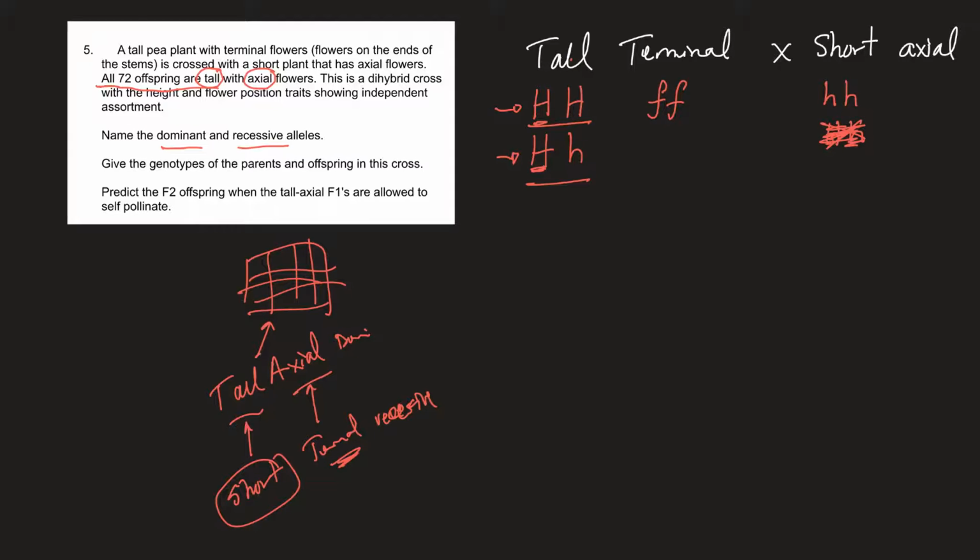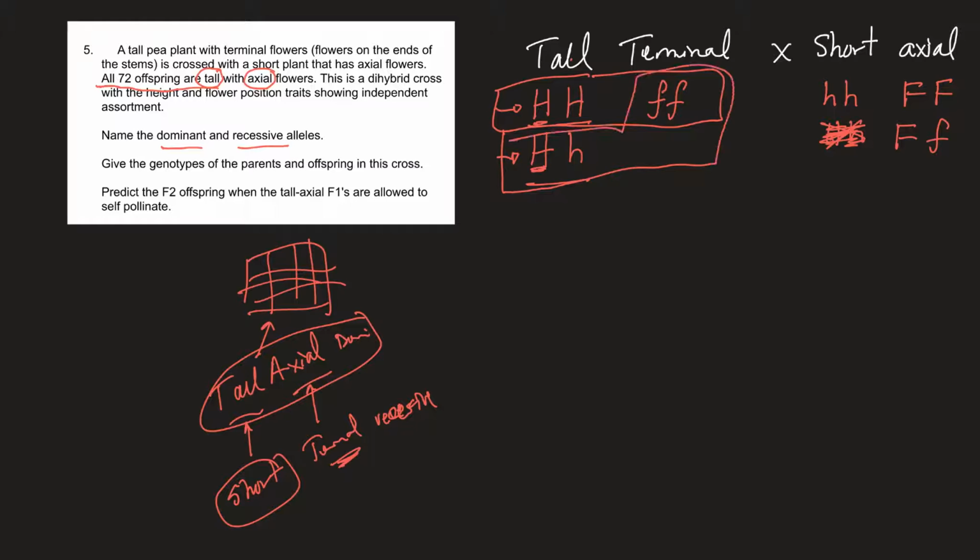But axial flowers, it could be a capital F, because axial we said is dominant, or it could be a capital F, little f. So I guess my only choice is to figure out if it's going to be that one or that one to cross.